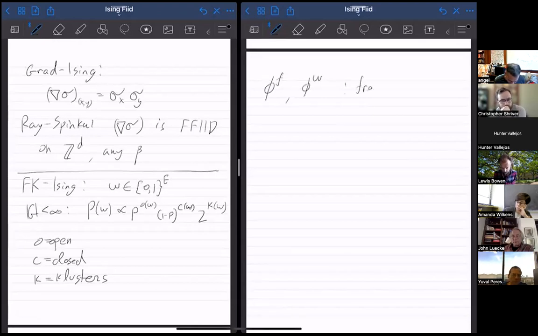Those are the free or wired limits, and again, those limits are known to exist. And the key connection is the Edwards-Sokal result that says that if you assign each cluster a random spin, plus or minus 1, then you get the Ising.